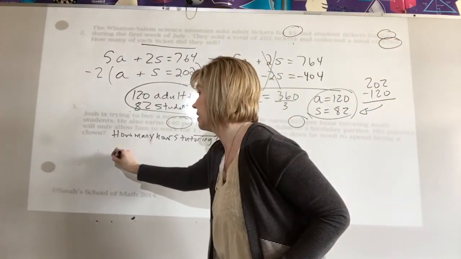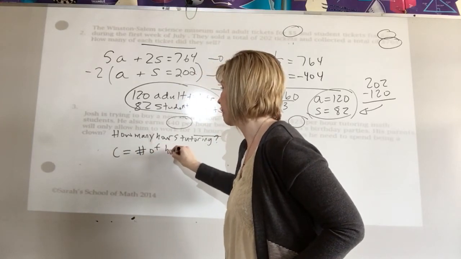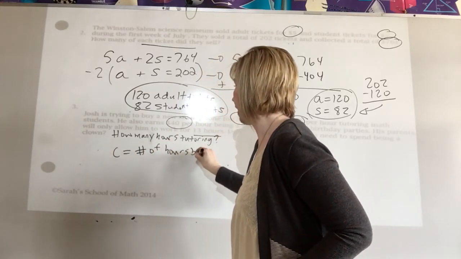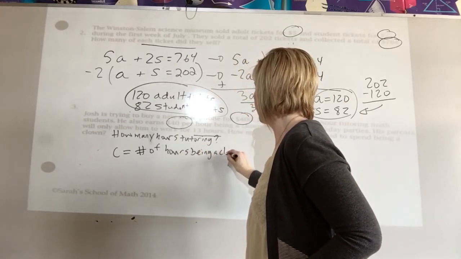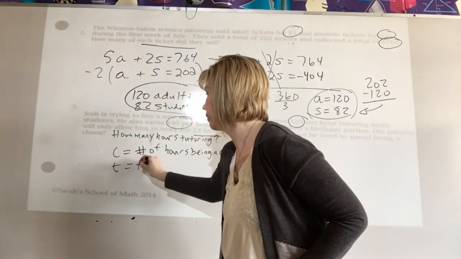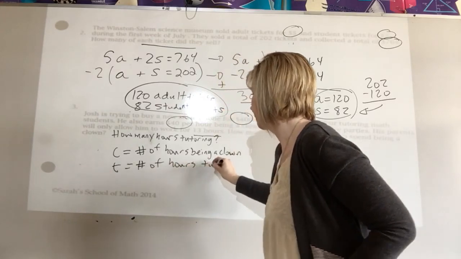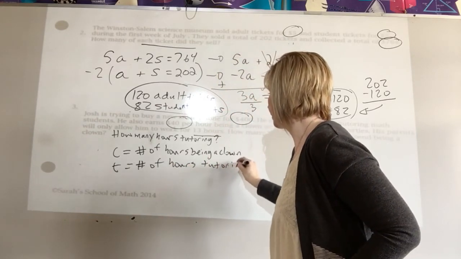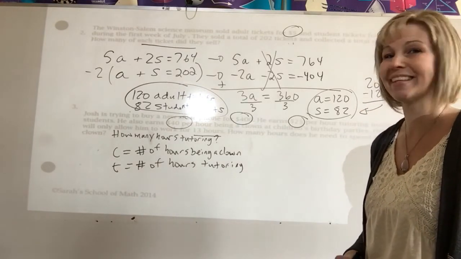So let's put C equals the number of hours being a clown, and then we had T for the number of hours tutoring. And of course I had to say math because, you know, that's my favorite.